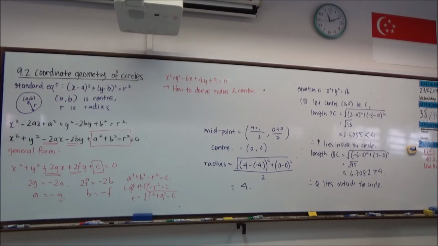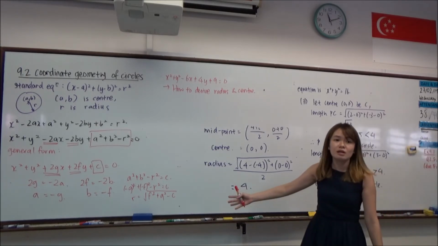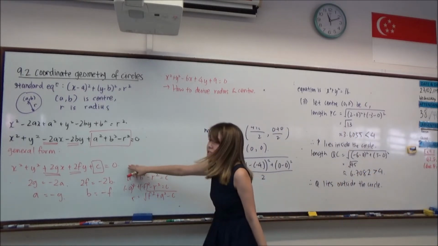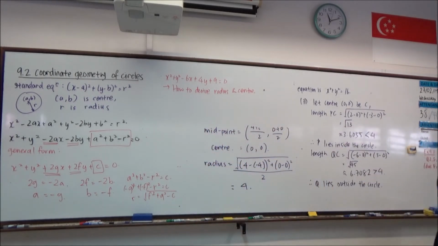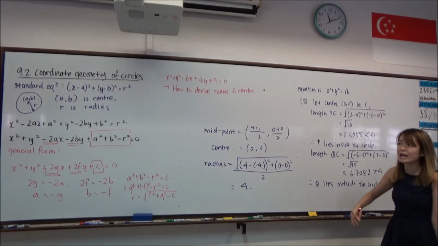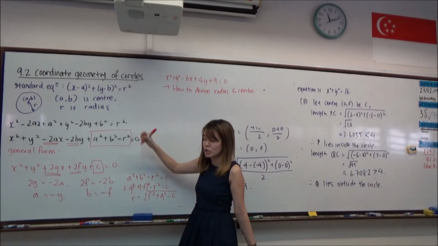I do not expect you to memorize this, alright? But if you find that in maths you have always been memorizing formulas and that is the way that works for you, then by all means, you can go ahead and memorize this format of the equation, which will get you the center and the radius. But personally, I don't like to memorize my maths. I like to always rely on the expansion of the standard equation.